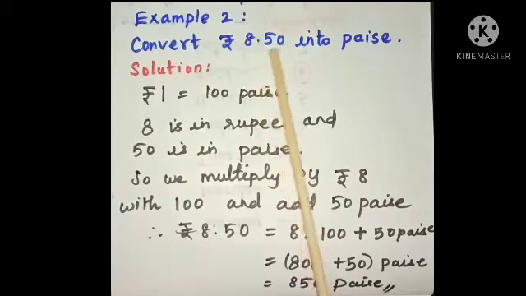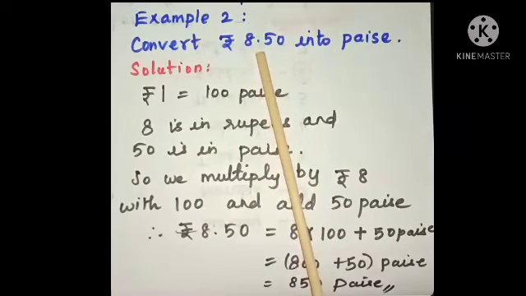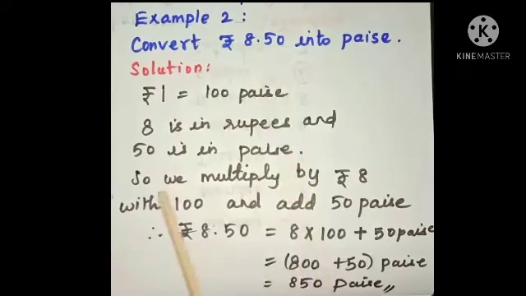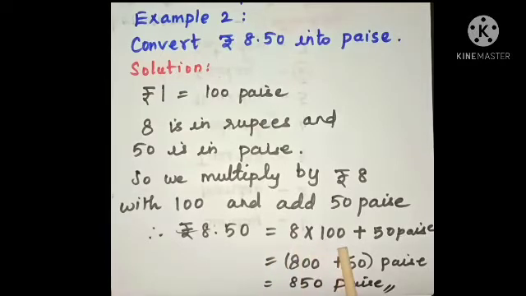So you have to add both the values. So let us write 8 rupees 50 paise as 8 into 100 plus 50 paise. 8 into 100 is 800 plus 50 paise. 800 plus 50 is 850 paise.